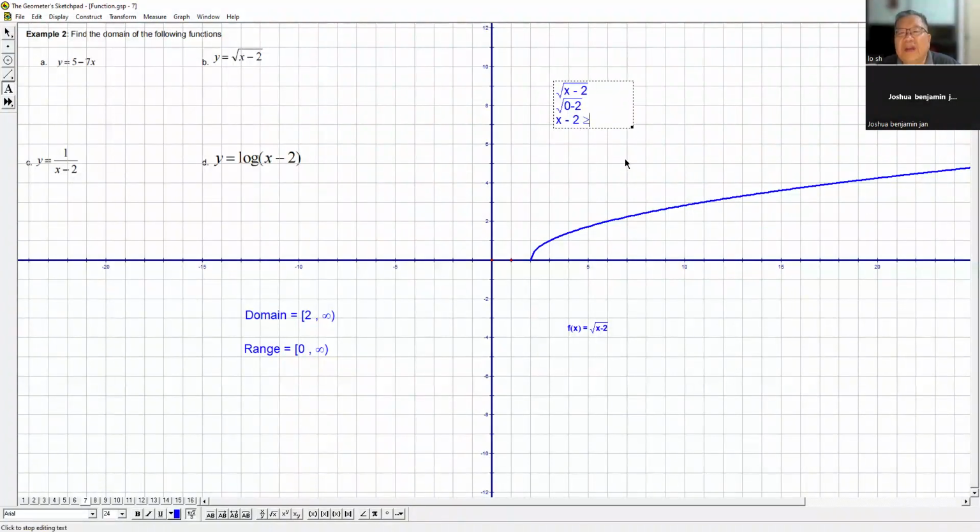If it is less than 0, then it is not possible, because for the square root of a number, that number has to be greater than or equal to 0. So that number is this one, x minus 2. This x minus 2 must be bigger than 0.